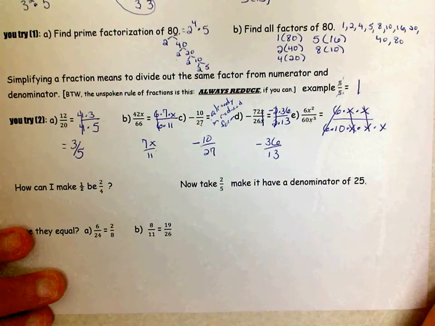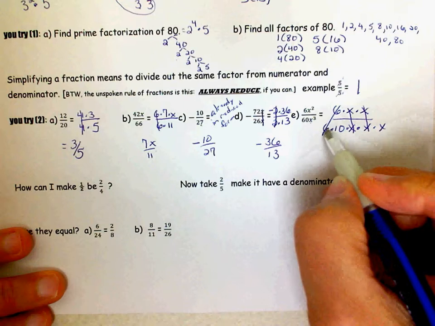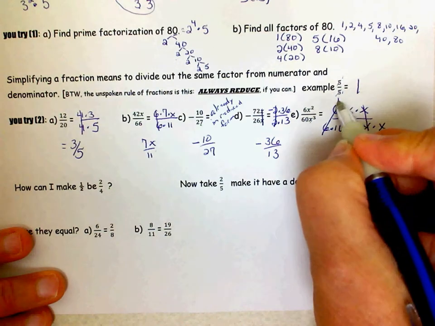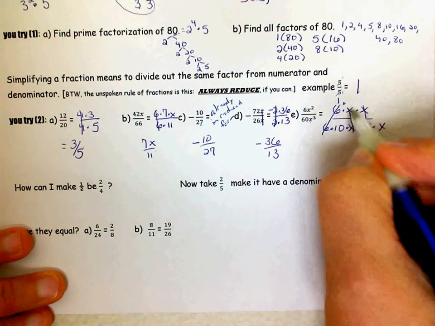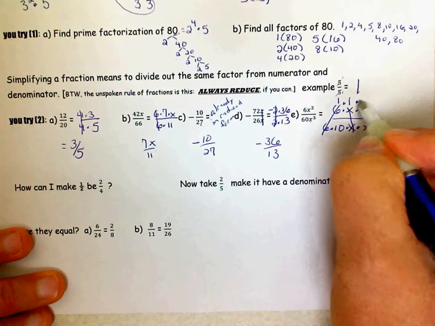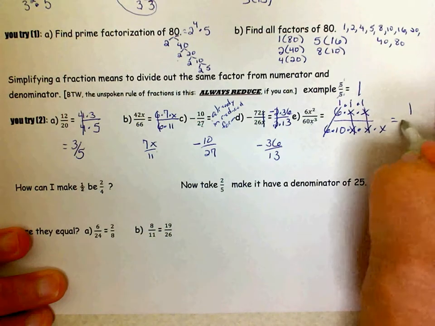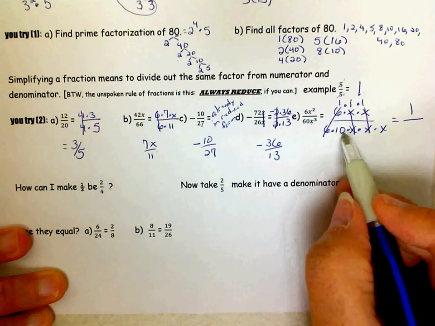Oh crap. What's on top? Well, remember, a 6 divided by 6 leaves me a 1. And an x divided by an x leaves me a 1. An x divided by an x leaves me a 1. And 1 times 1 times 1 leaves me a 1. And then in the bottom, we're left with 10x.